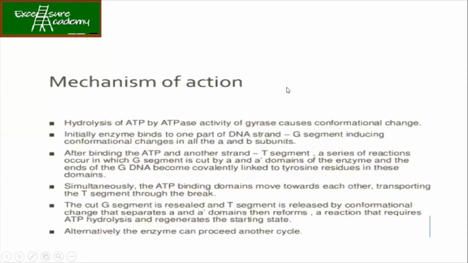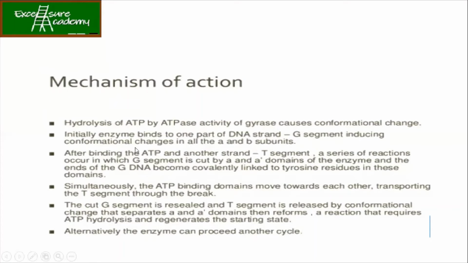Okay. Now coming to its mechanism. One more thing which was not mentioned in the previous slide: in the case of topoisomerase 1, you don't need ATP. Here you need ATP, so energy is required to carry out the mechanism.